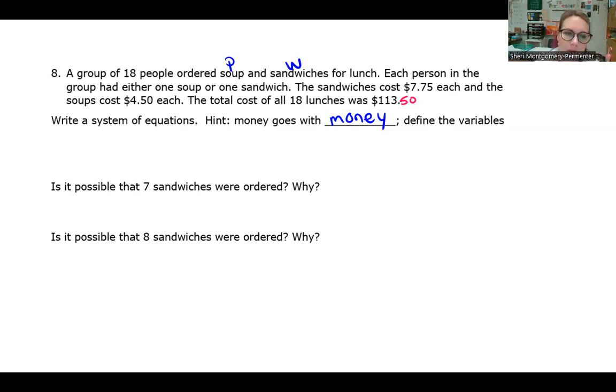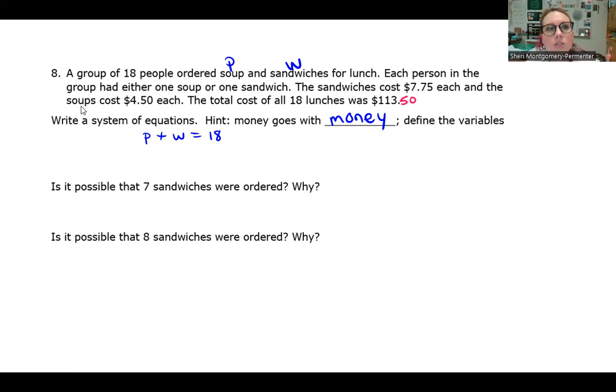To write my system of equations, the numbers will go with the numbers and the money will go with the money. So it says 18 people ordered soup and sandwiches. So that means that we have soup and sandwiches, and there were 18 people that ordered. So the money part will go with the money part. It says sandwiches are $7.75 and soup is $4.50.